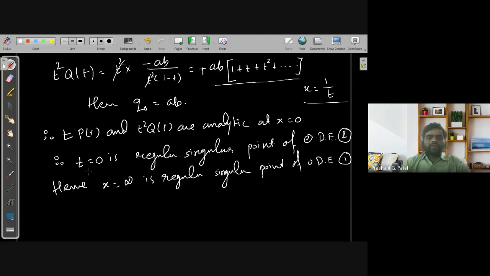So hence this t equal to 0 is the regular singular point of this ODE 2. That means x equal to infinity will be the regular singular point of the hypergeometric equation 1.